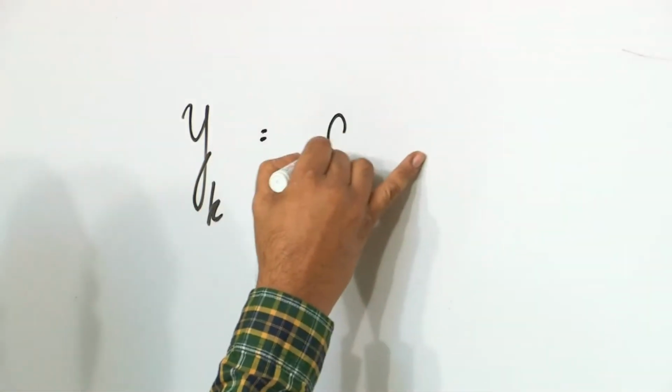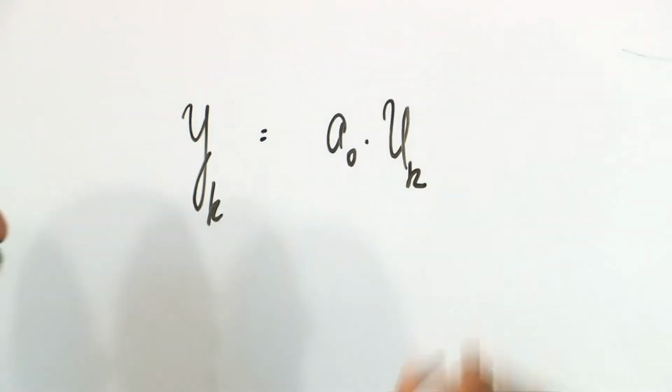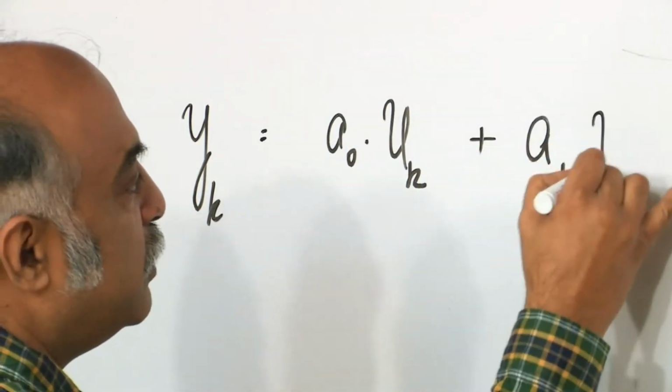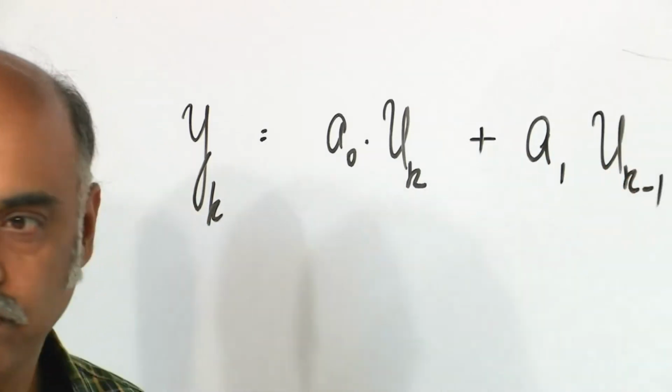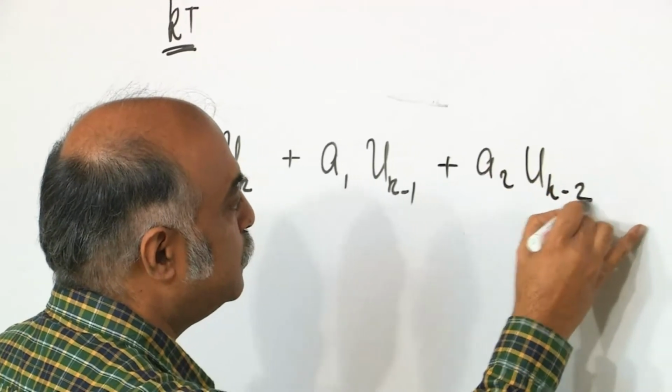So y[k] is basically the summation of all those: y[k] is a0 into u[k] plus a1 into u[k minus 1] plus a2 u[k minus 2], and so on.